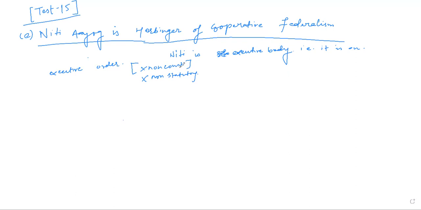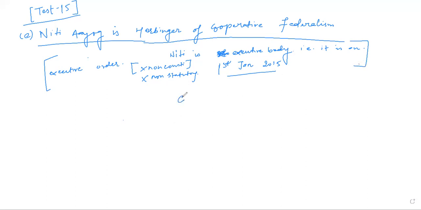Like, if someone asks our name, we say my name is X, we don't say my name is not Z, my name is not A. So Niti Aayog is an executive body, it was established by an executive order on 1st of January 2015. This will be your 1 or 2 line introduction.